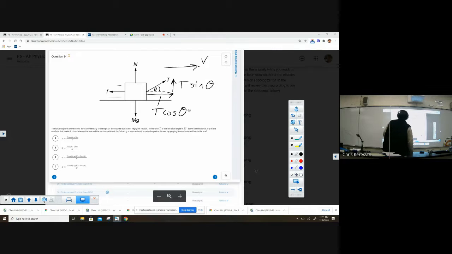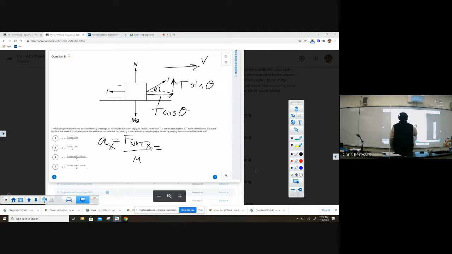In general, when we ask how to get the expression for the acceleration, it's the net force divided by the mass, right? Since this is accelerating sideways, moving to the right, we're interested in the net horizontal force.